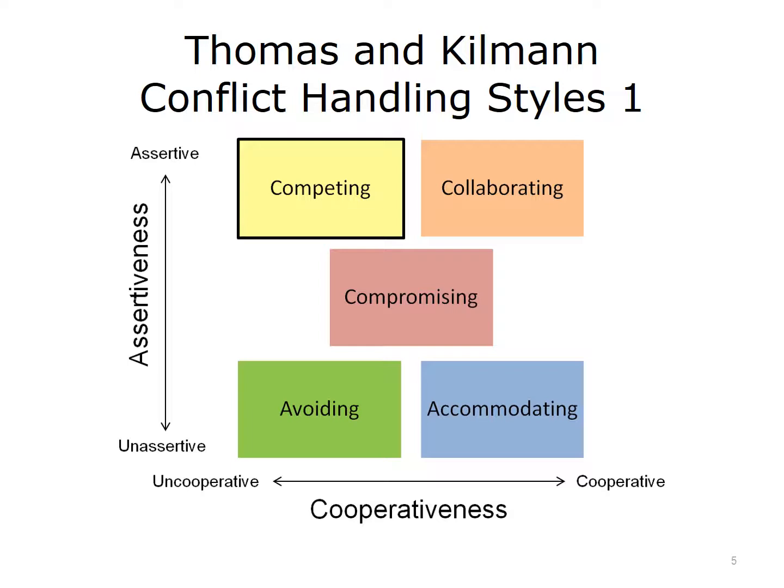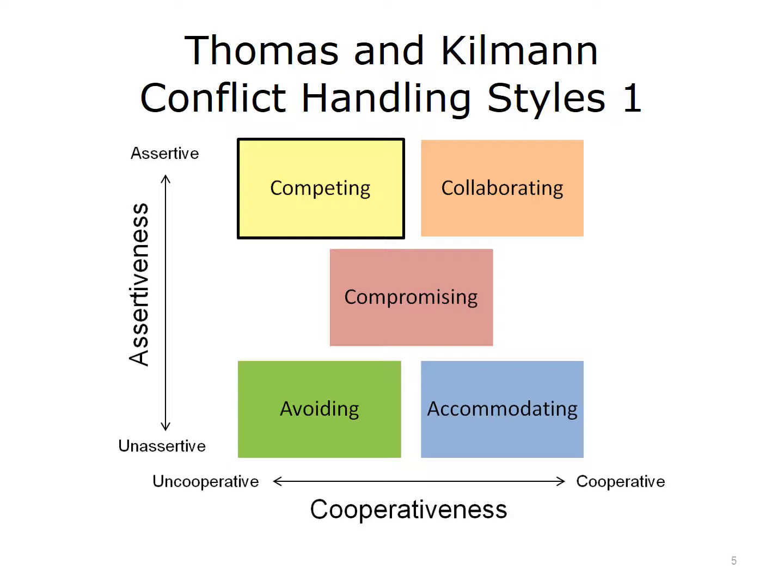The figure on this slide, representing Thomas and Kilmann's conflict handling styles, illustrates the 5 conflict handling classifications with respect to the dimensions of assertiveness on the vertical axis and cooperativeness on the horizontal axis. Take a look at the figure. In the upper left corner, we see competing.